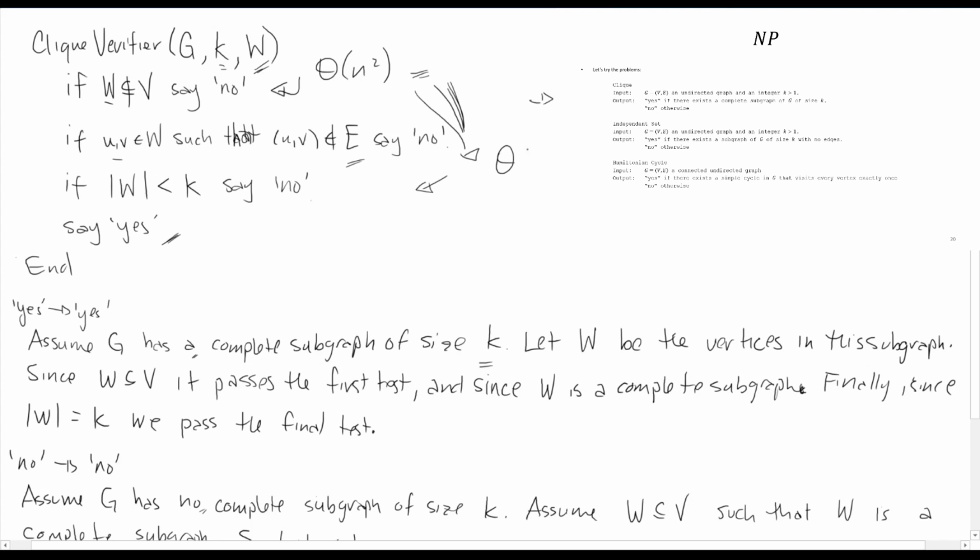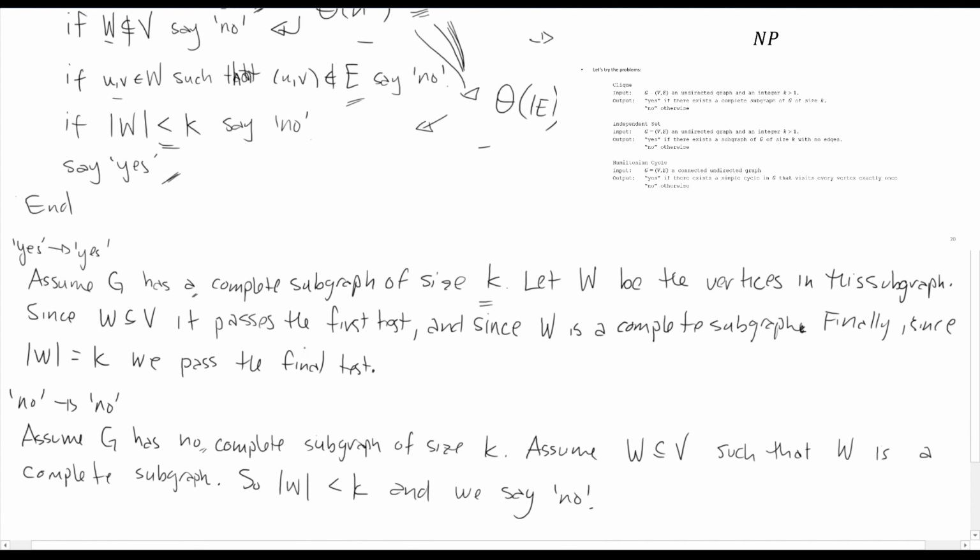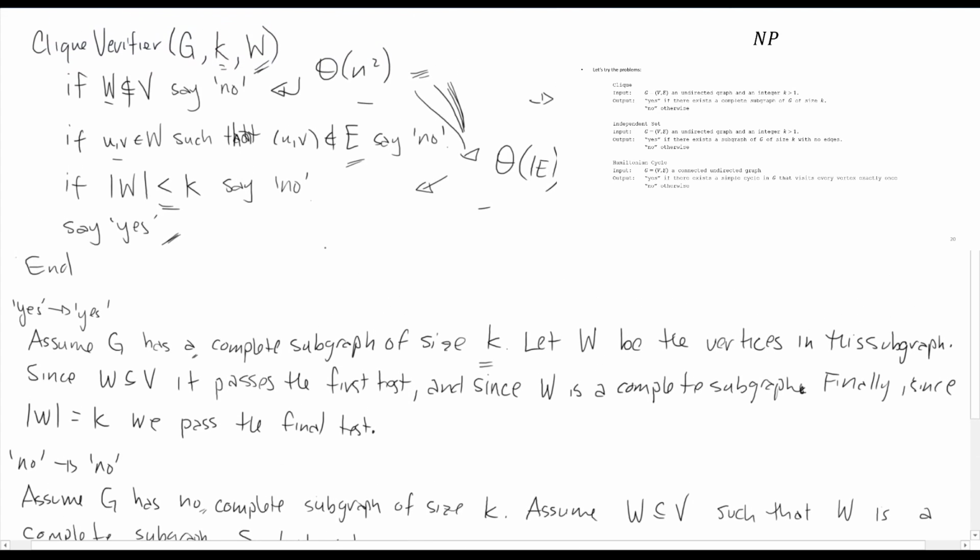I'm going to say worst case that might be the size of the edge set, iterating through all of our edges, but it depends a little bit on how we're going to implement that. This looks like a constant time step. So indeed, this looks like altogether about a polynomial time. So as long as we're correct, which we've proven down here below, this is enough to show membership in the class NP for our problem Clique.